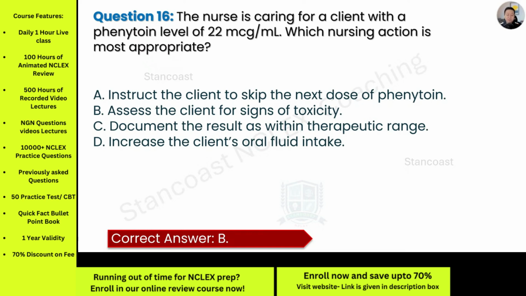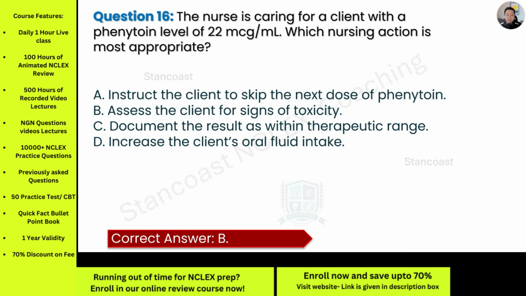Now, letter C, another incorrect option, documenting the result as within the therapeutic range. Take note that this is already in the toxic range. The appropriate priority here is to take steps by assessing the client for any signs of toxicity and notify the medical provider right away. Now, letter D, another incorrect option.